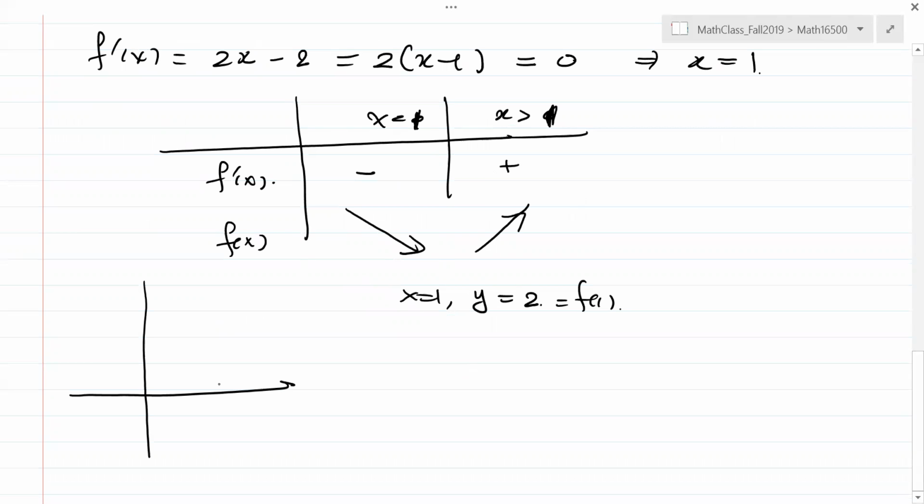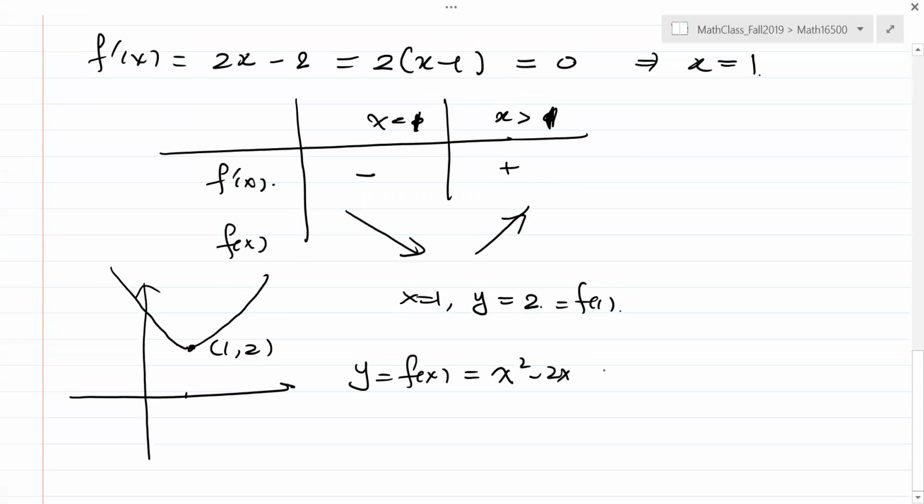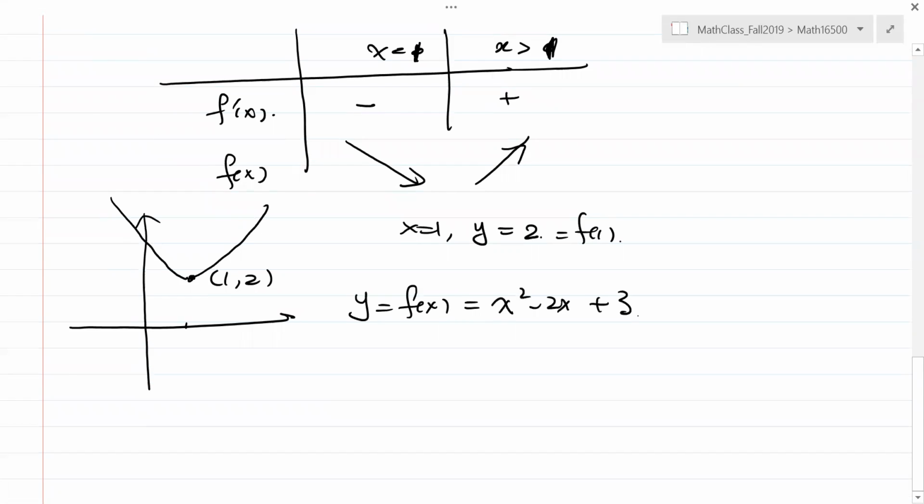When x equals 1, the y value is 2, then it goes down on one side and up on the other. The function is y equals f of x, x squared minus 2x plus 3. From the graph, I can tell that there are no zeros for the function, so you cannot find an x-intercept of this graph.